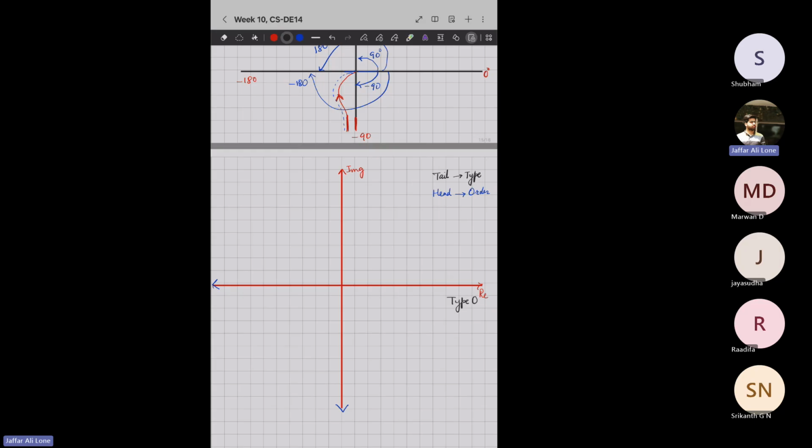I'll explain it. Type 0, type 1, type 2. This is a shortcut for how you draw a polar plot. Type 3.